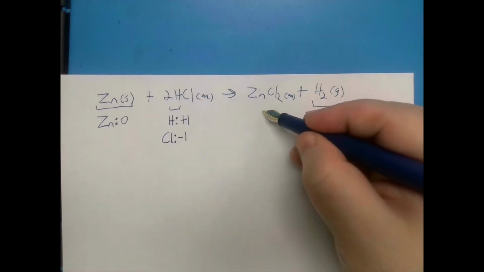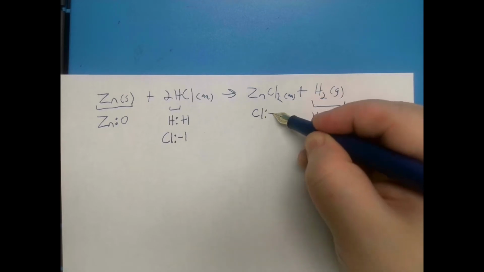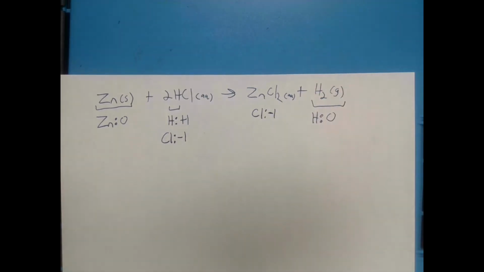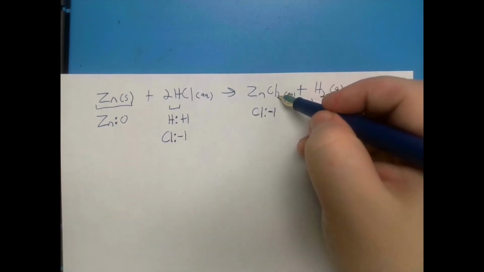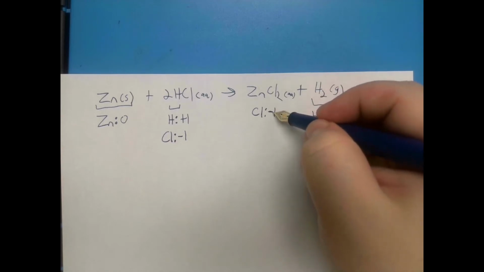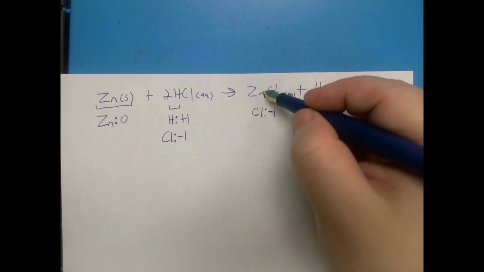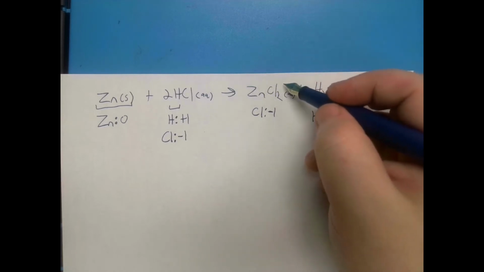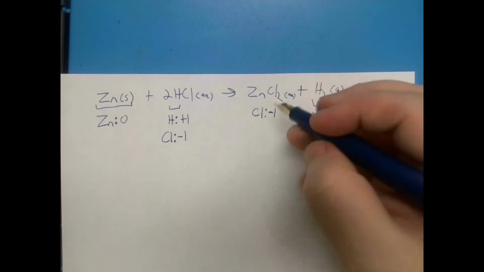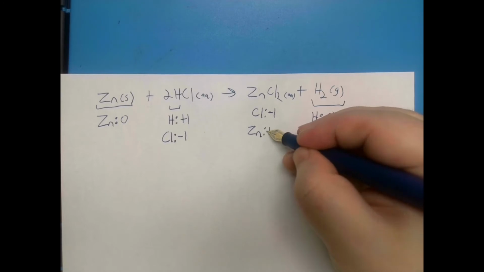So that'll be -1. And the sum of these has to equal 0. So we have two -1 oxidation numbers, and so zinc plus the -2 has to add to be 0 because there's no charge on this compound. That means zinc has to have an oxidation number of +2.